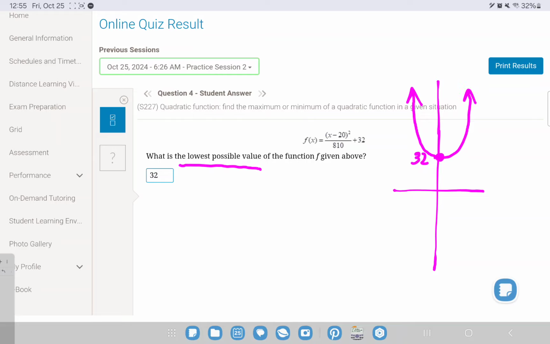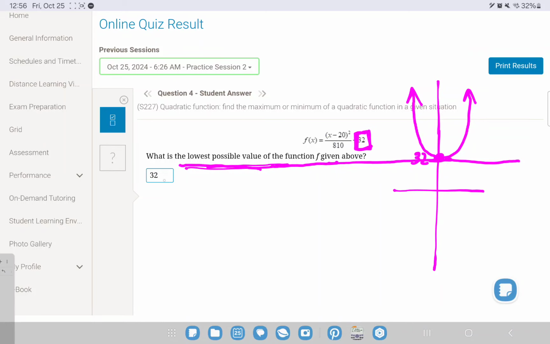Or well, on your axis of symmetry, but I don't want to find the axis of symmetry now. So you'd have it like this. So what's the lowest possible value of the function f? Which means what's the lowest range you could get? Like we said before, you look at your lowest point here, which is going to be always 32 if it's opening upwards. If it's opening upwards, this is your lowest value.